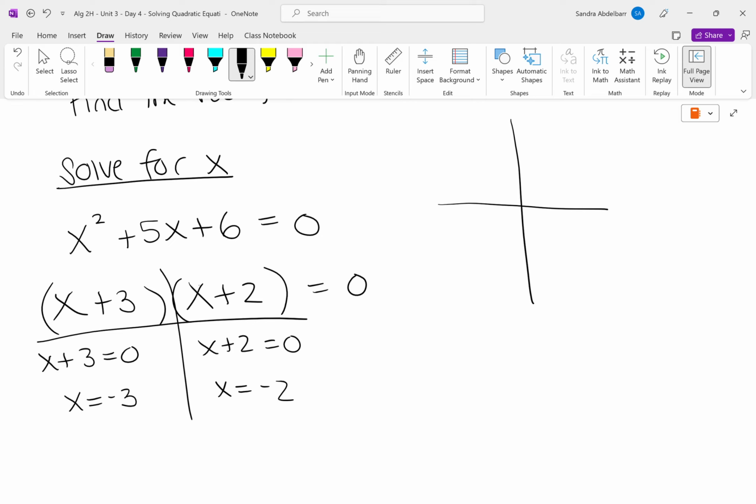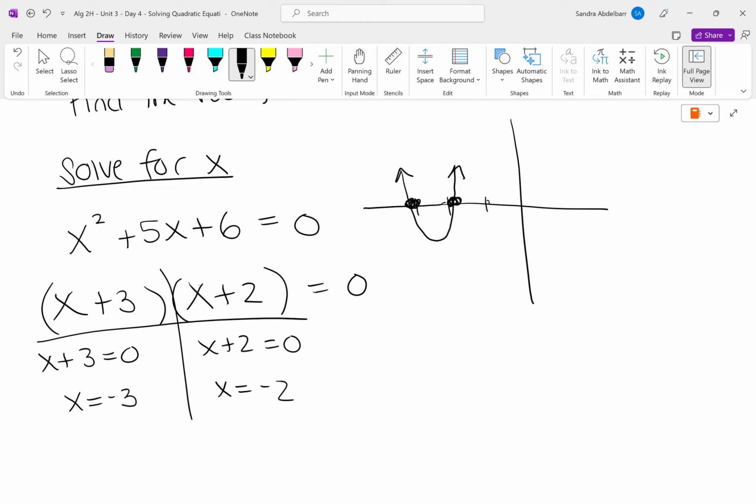All right, what is this saying? This is saying my parabola, the graph of this, is going to cross the x-axis at x equals negative 3 and negative 2. So this looks something like that.